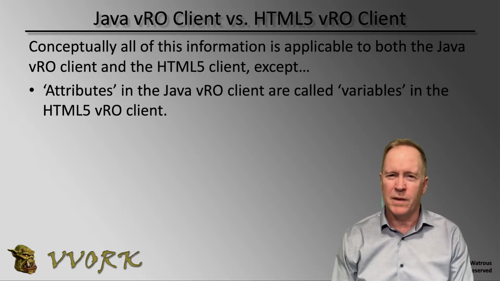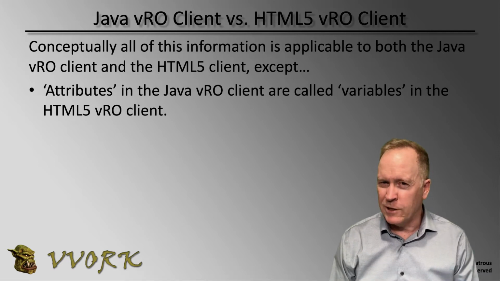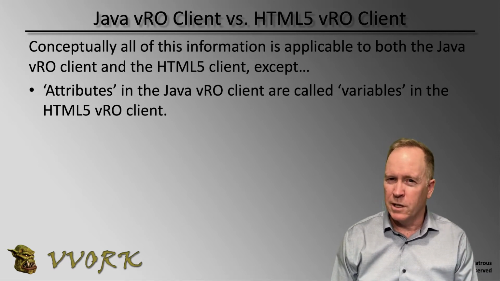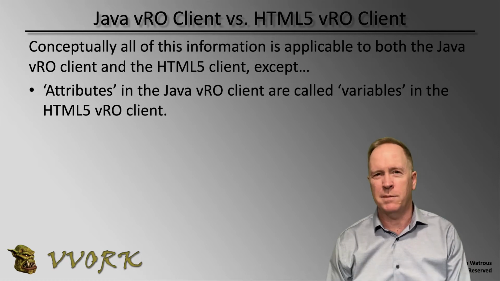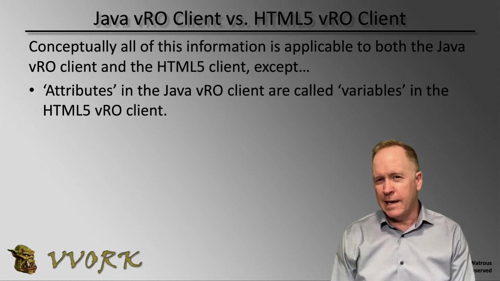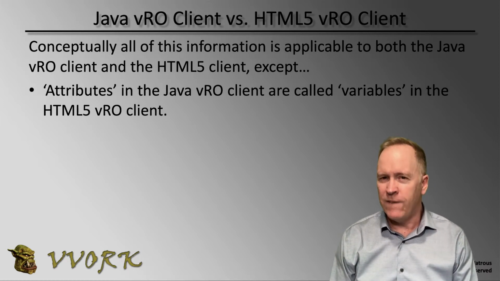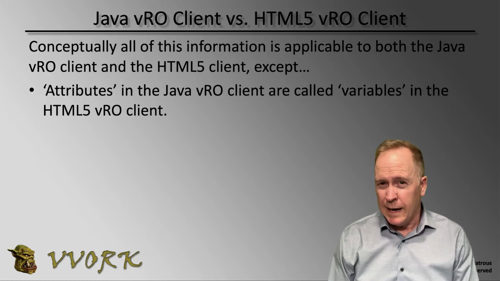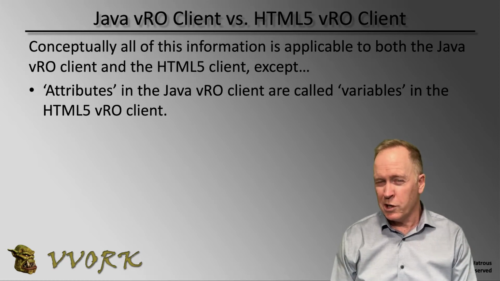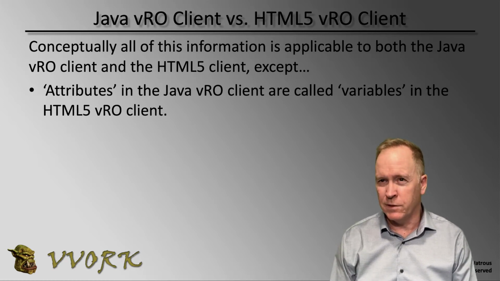the fact that what the Java client calls attributes are not called attributes in the HTML5 client. Instead, the HTML5-based vRO client refers to attributes as variables. Now, I'm going to use the older terminology, attributes, instead of the term variables, because I don't want you to be confused.